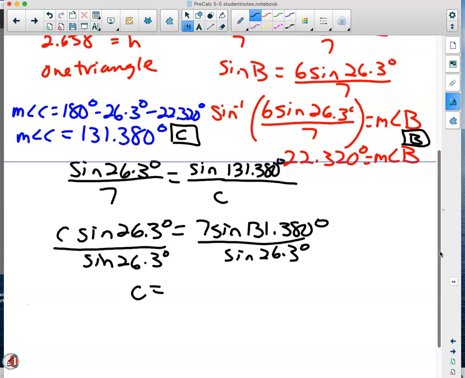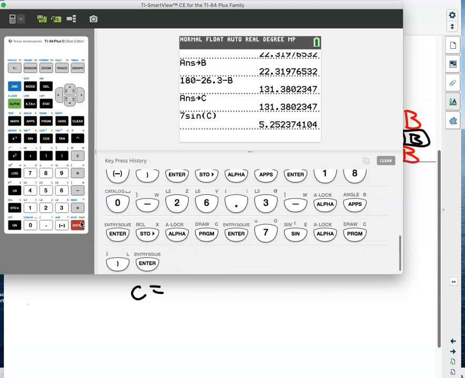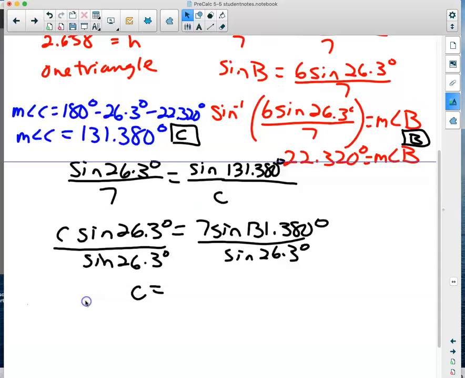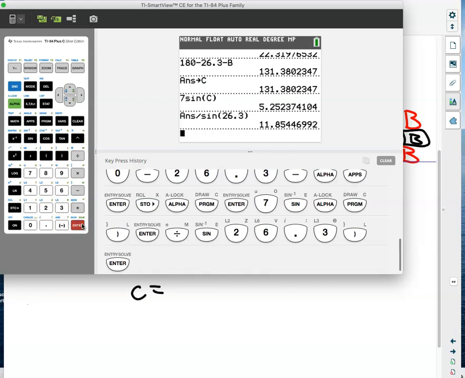And that will get us c. So we're going to need 7 sine of what we stored as C, and then I have to divide that by the sine of 26.3. 11.854.